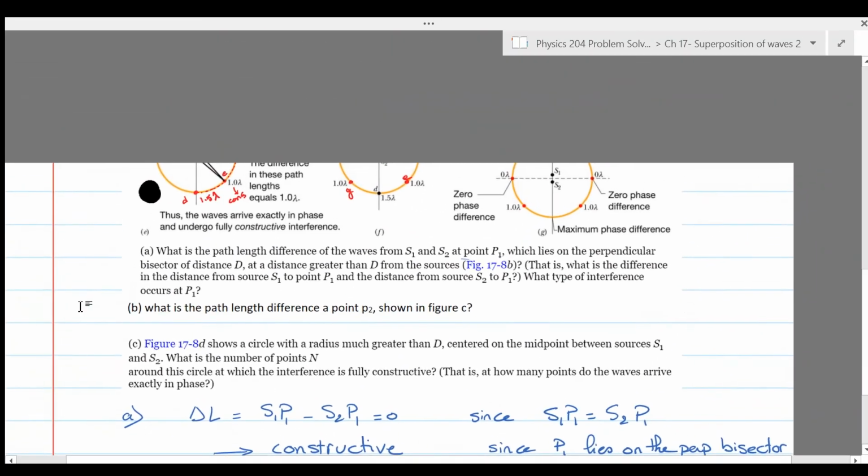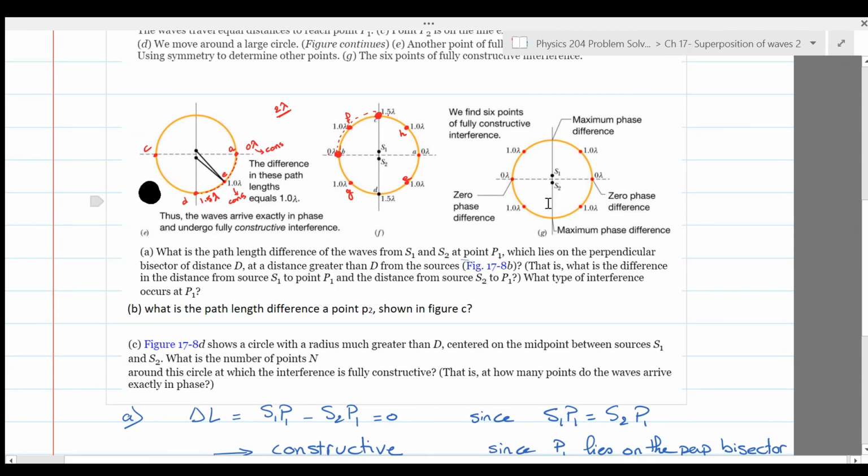So we can now find that the number of constructive interference points is 6, like we said.